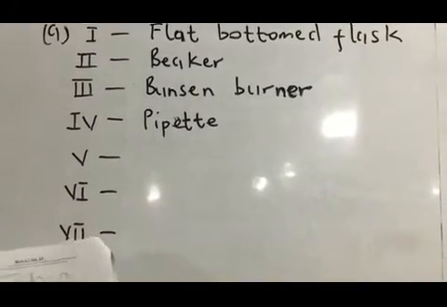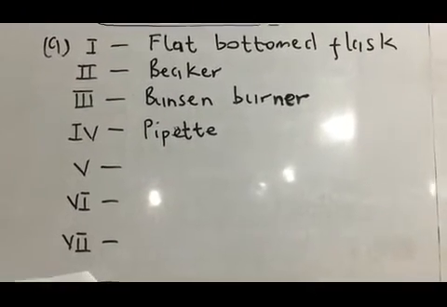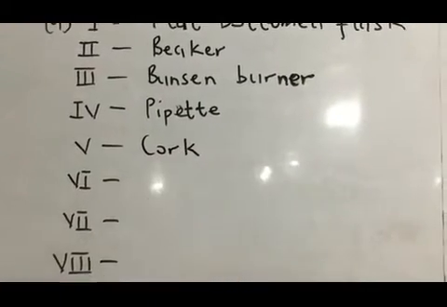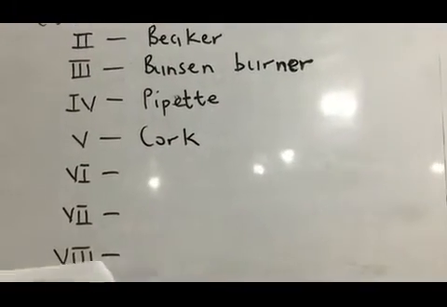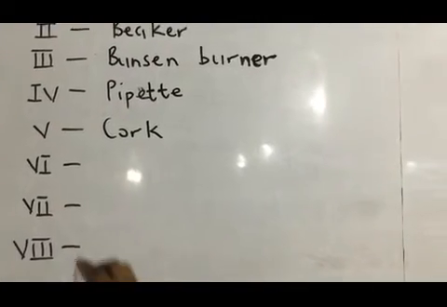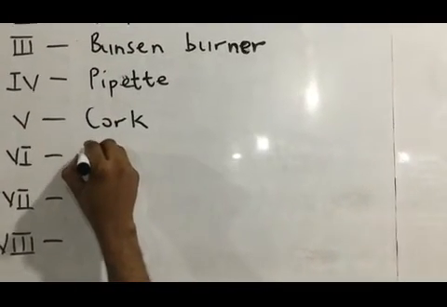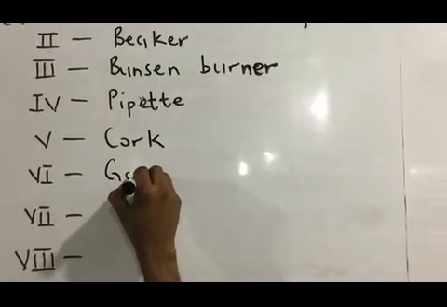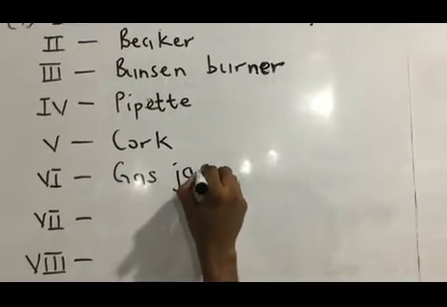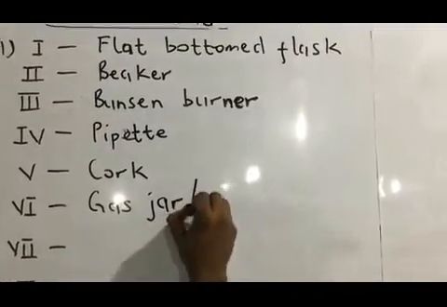Okay. And then you have the V. Your V is the cork. You can say it's also the stopper. Then you have your VI, which is the gas jar. I say either it's a gas jar or gas cylinder.